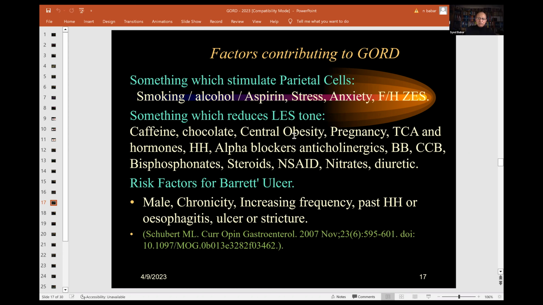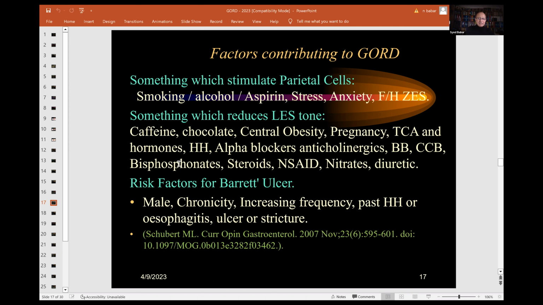Caffeine, chocolates, obesity, pregnancy, tricyclic antidepressants, certain hormones like somatostatin, hiatus hernia, alpha blockers, anticholinergic medications such as buscopan, and beta blocker, calcium channel blocker. I beg your pardon, the alpha blockers would be doxazosin, and calcium channel blocker would be amlodipine.